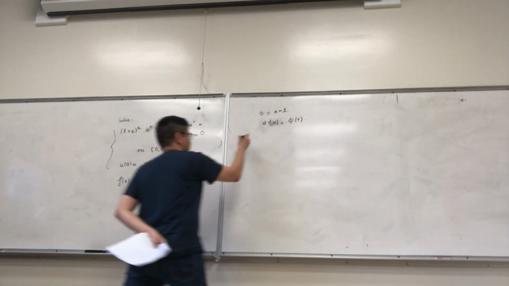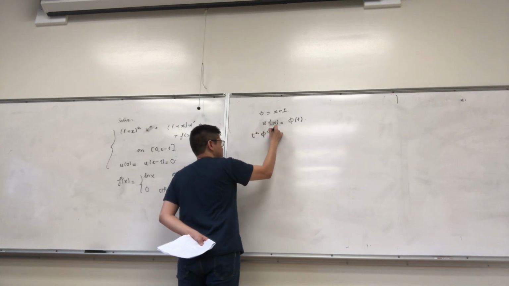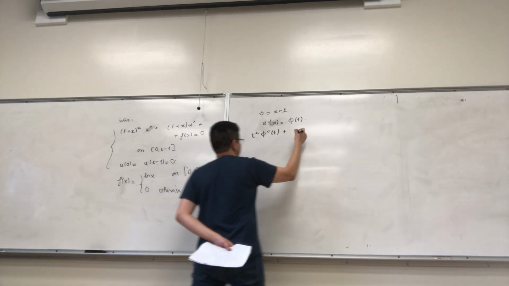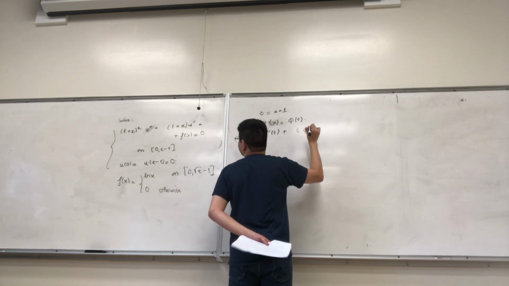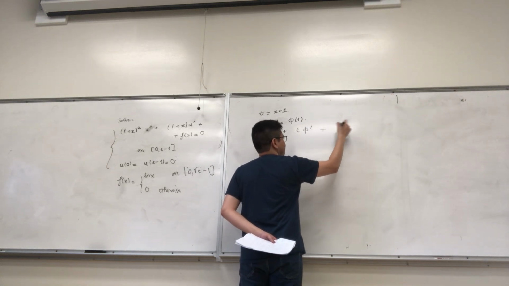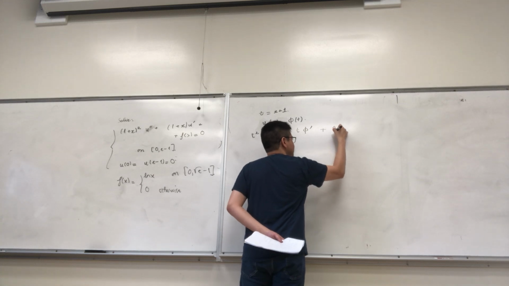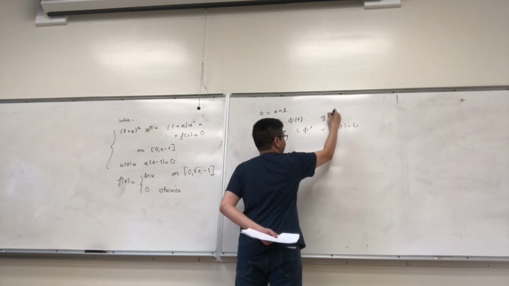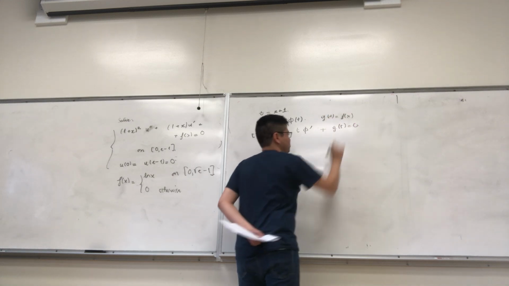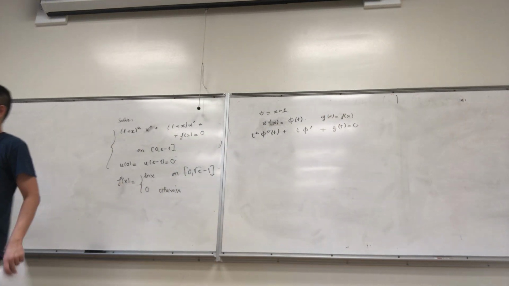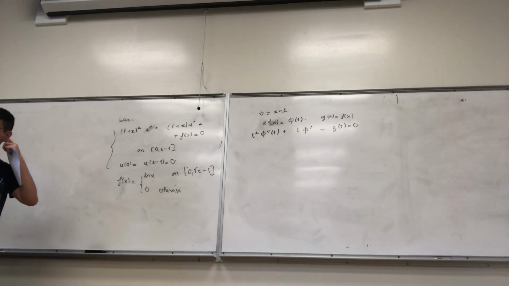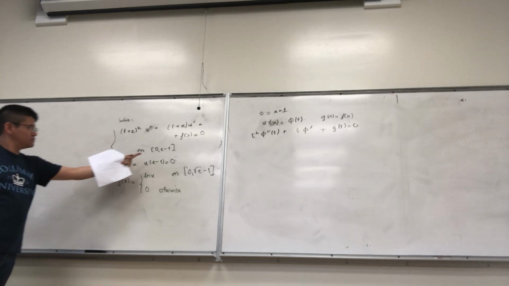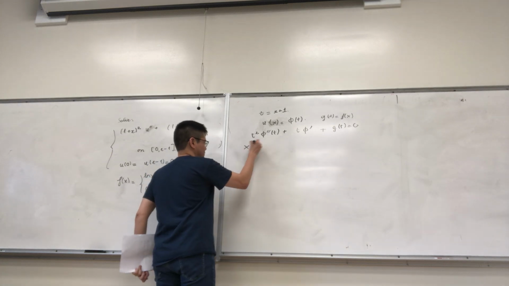So here you have t squared phi second of t plus t phi prime plus g(t). g(t) will be f(x). So what is the range of t now? Yes? Minus 1 to square root of e minus 2. No, x is going, so, my apologies, it'd be 1 to square root of e.